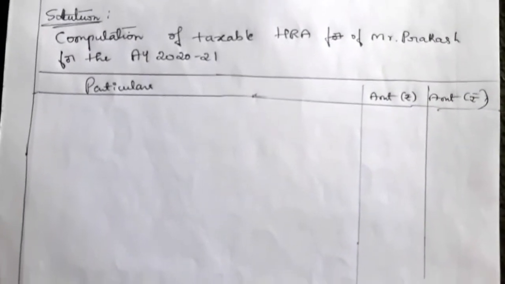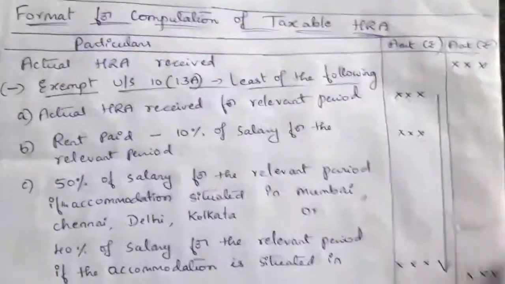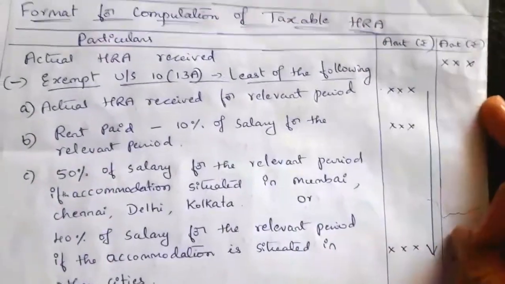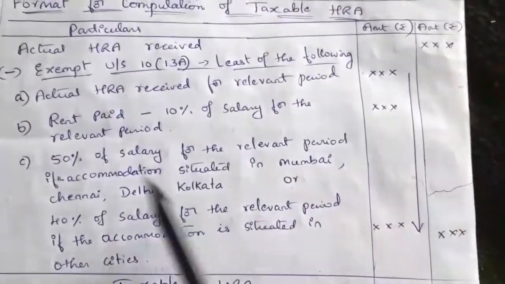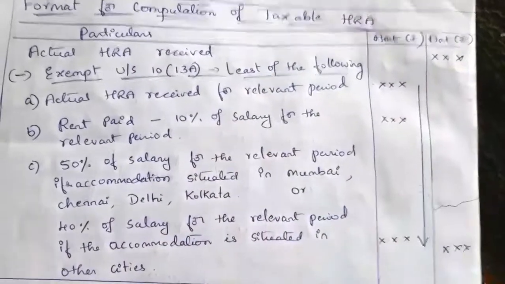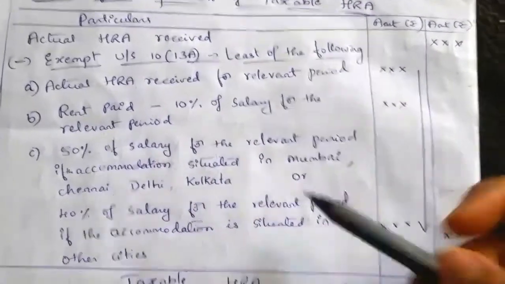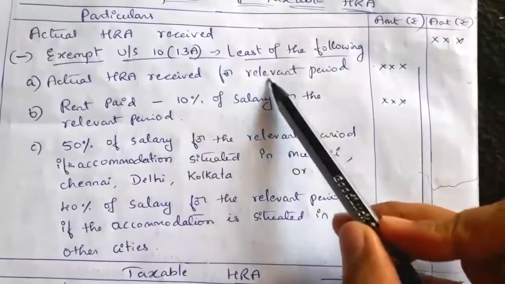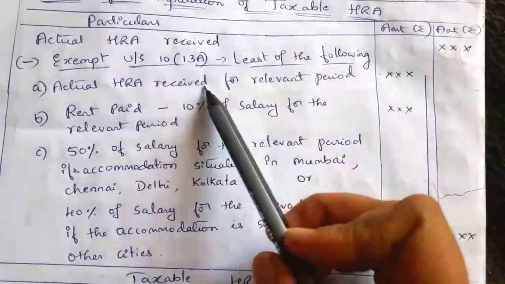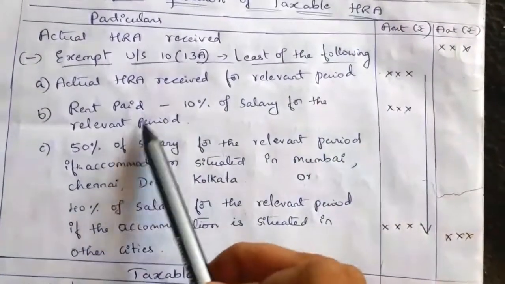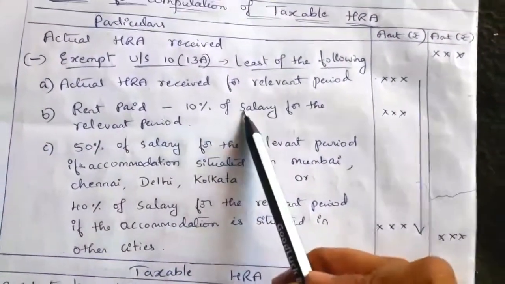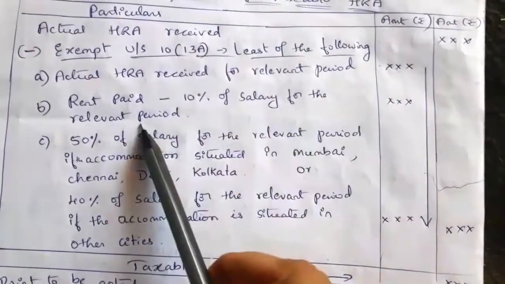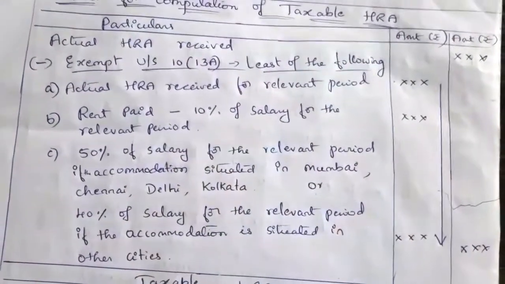Now we'll see the format for computation of taxable HRA. First we take the actual HRA received, and from it we give exemption under section 10(13)(a). That is the actual HRA received only for the relevant period, HRA received for 10 months here, and rent paid also for 10 months, and 10% of salary, also for the relevant period, 10 months.